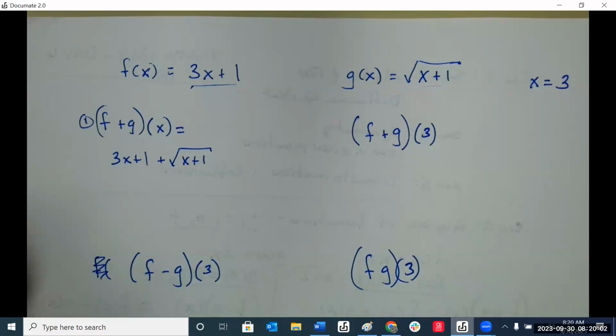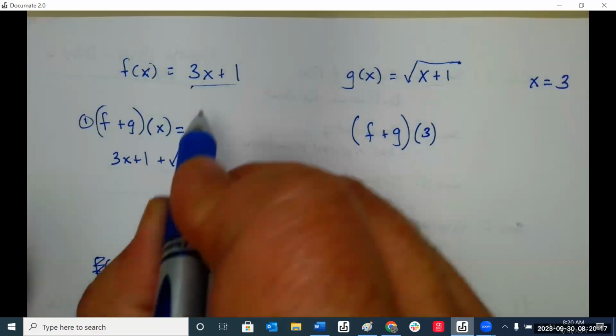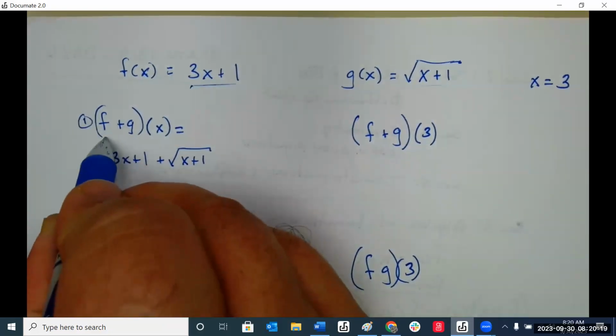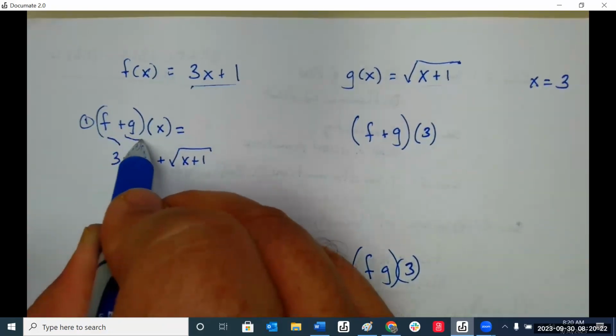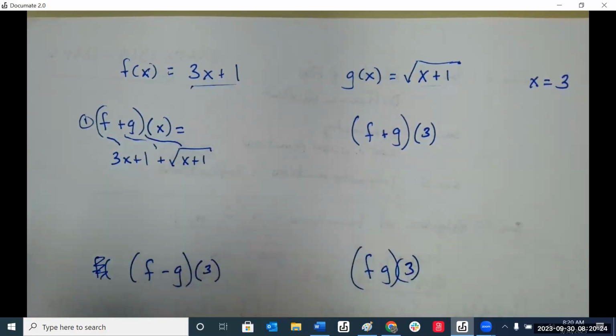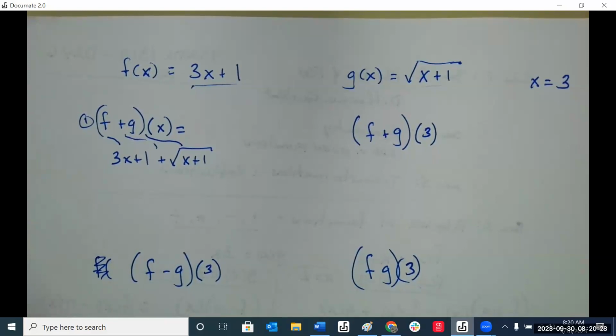You can't multiply by x, because remember, this is f of x. There's your plus, and there's your g of x. Nothing you can do, because you can't combine a radical with anybody else. So that's as far as you can go.